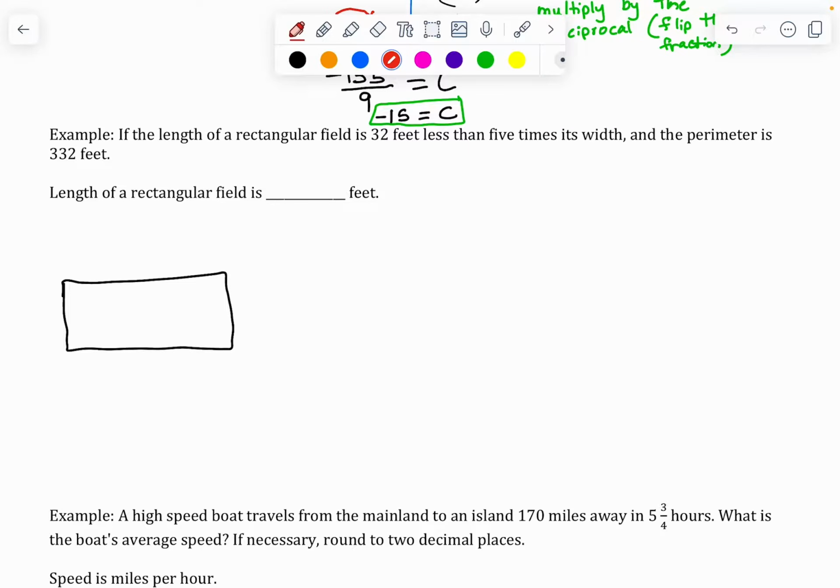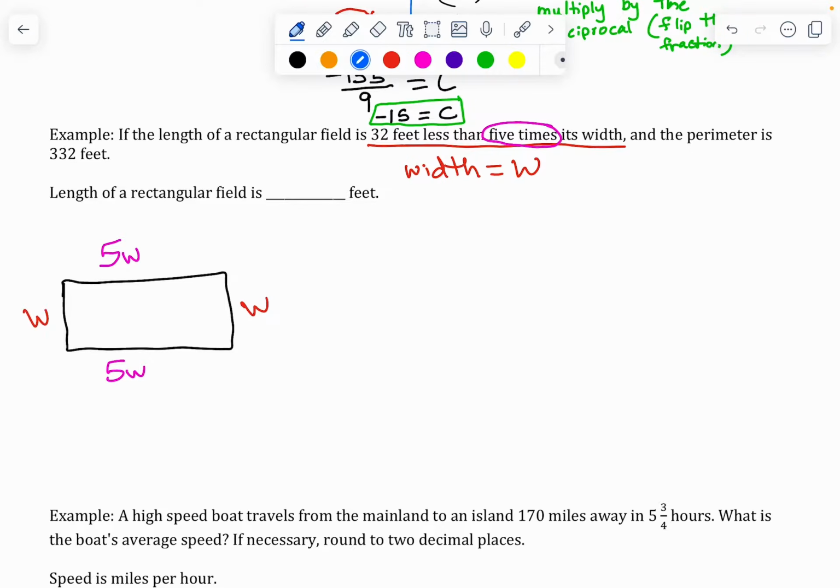So it tells us the length of the field is 32 feet less than 5 times its width. So first, let's label the width as W. Then we have to do 5 times the width, which is going to be 5W.